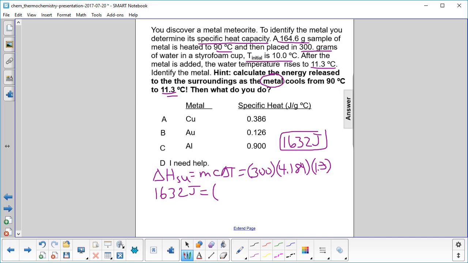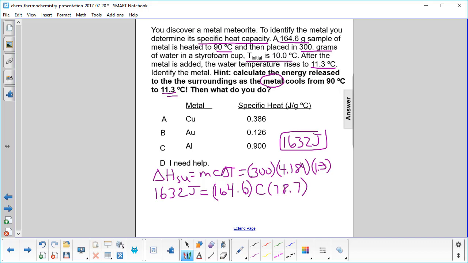Well, it's 164.6. What's the specific heat of the metal? Well, we don't know that. That's what we're trying to find out. And what's the delta T? Well, that's 11.3 minus 90. Okay, so that's going to be 78.7 degrees.